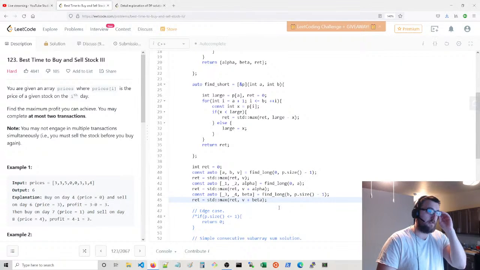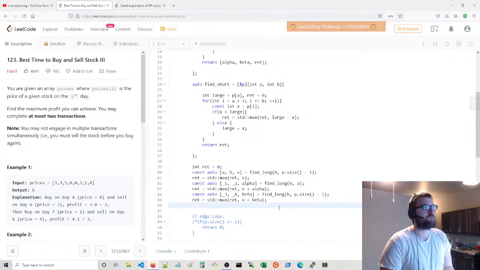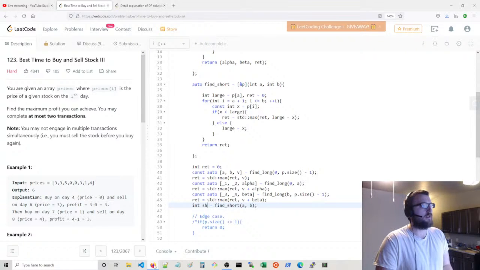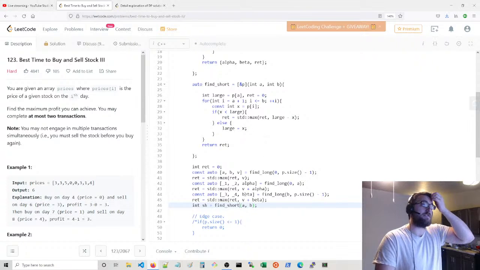And then finally, actually it's not really const auto, it's just short, find short from A to B, and we would say SH or something.